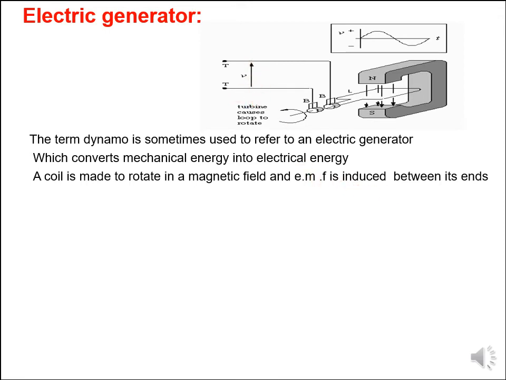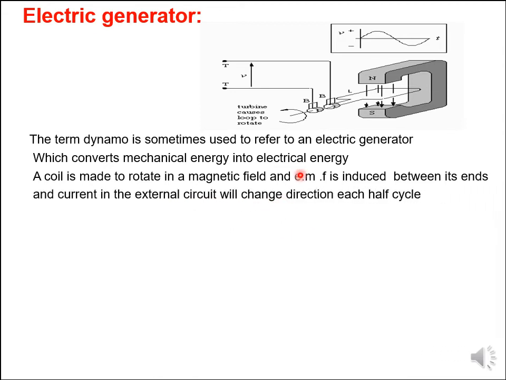The current in the external circuit will change direction each half cycle. The current produced by the AC generator changes its direction each half cycle. So this produces alternating current, and the current in the external circuit will change direction each half cycle.